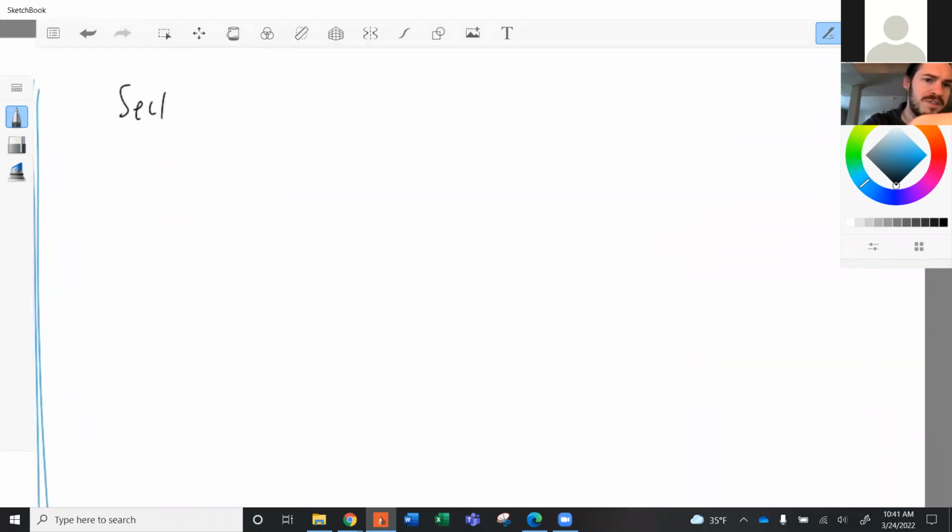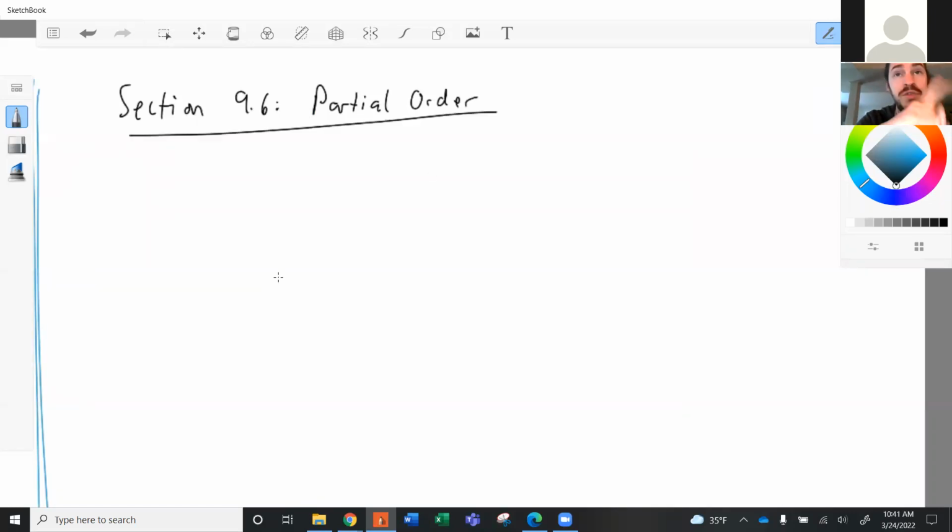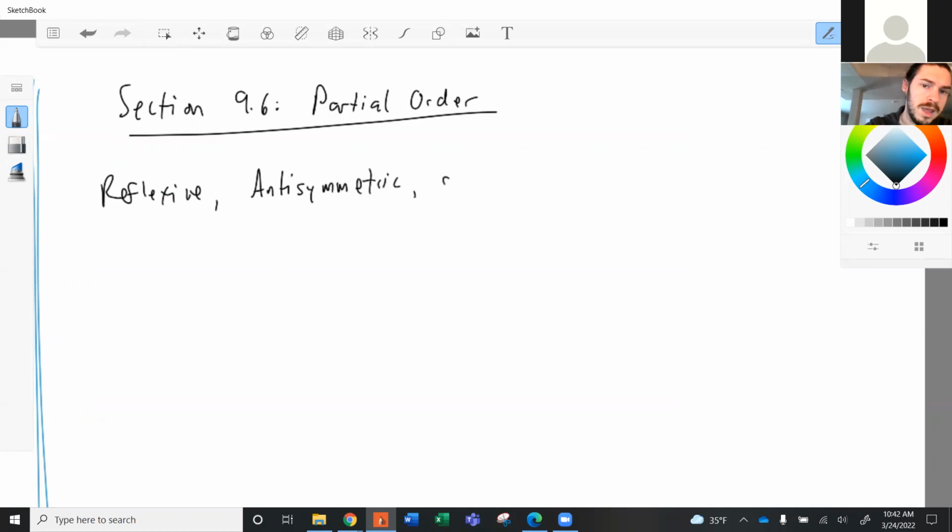This is a little bit of section 9.6 here. A partial order, instead of reflexive, symmetric, and transitive, is reflexive, anti-symmetric, and transitive.